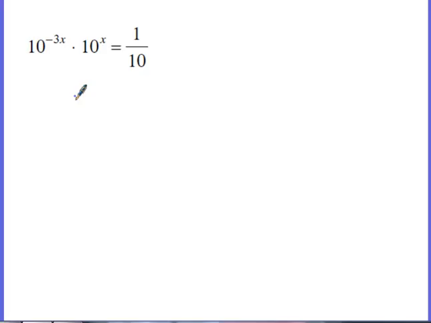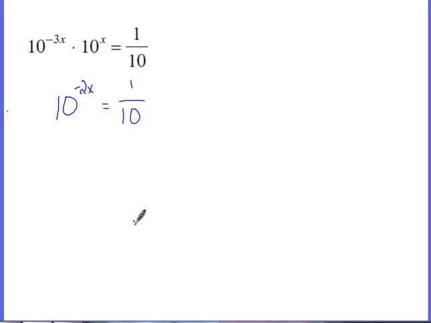They're multiplying, and you have a rule. Your rule says if they're multiplying with the same base, what do I do to my exponents? You add them. So I can make this 10 to the what? Negative 2x, right? Because negative 3x plus 1x is negative 2x.